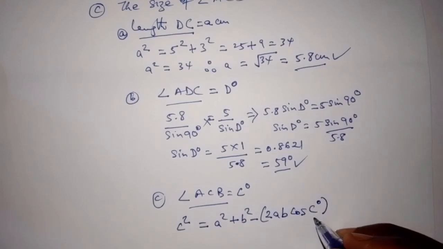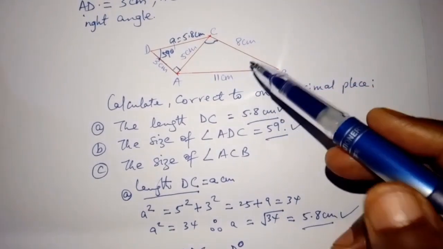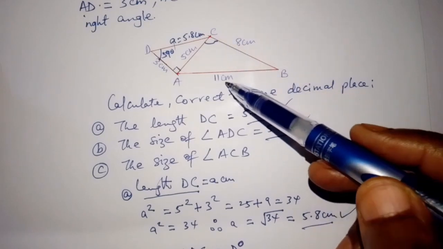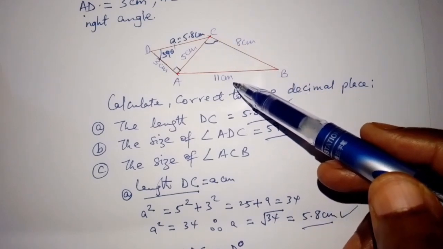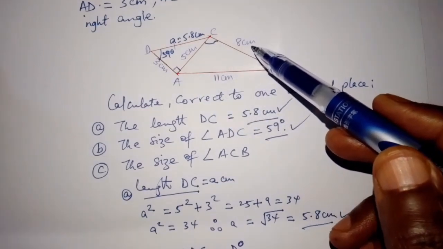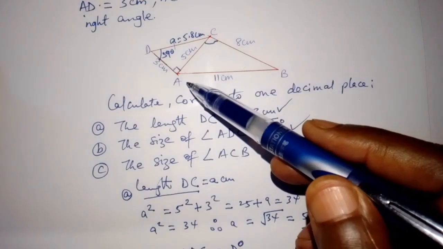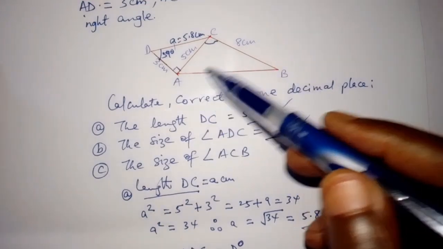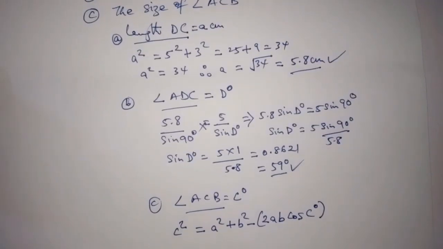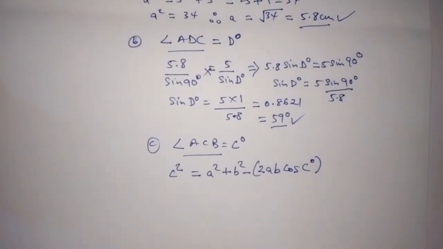We want to find C degrees. So our c is here, opposite this angle, 11 centimeters. Our a is 8 centimeters. Our b is 5 centimeters.